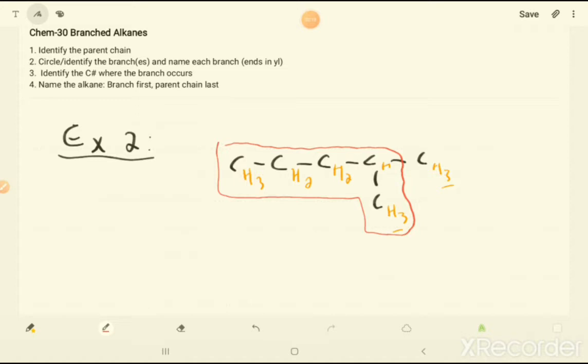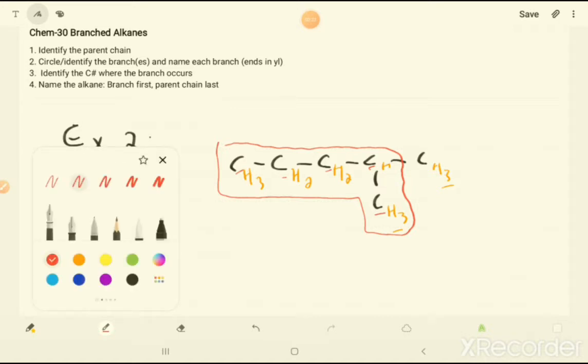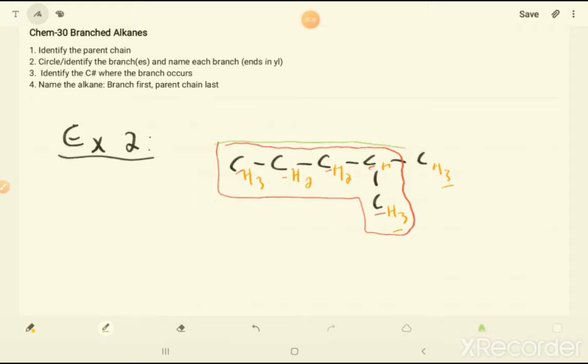And when we number this it's 1, 2, 3, 4, 5. You could count it this way, or you could also count it like this, and it's 1, 2, 3, 4, 5. Both of them are correct. For simplicity, we're just going to use this one here.